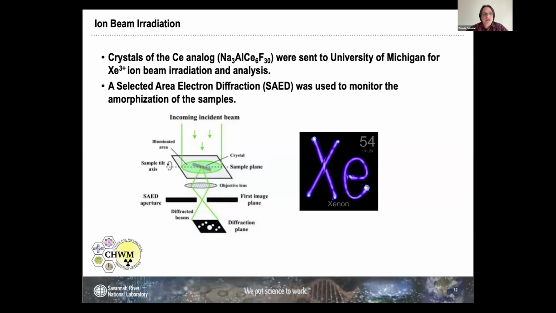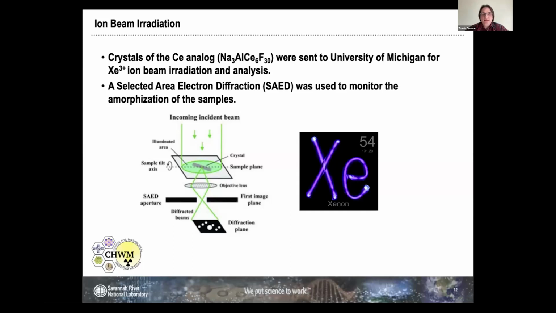Another thing that we did with this research is we took the cerium analog. So instead of the neptunium, we took the same compound with cerium, and we sent that to the University of Michigan to do a xenon ion beam irradiation to try to determine how well the crystal structure holds up to radiation damage.